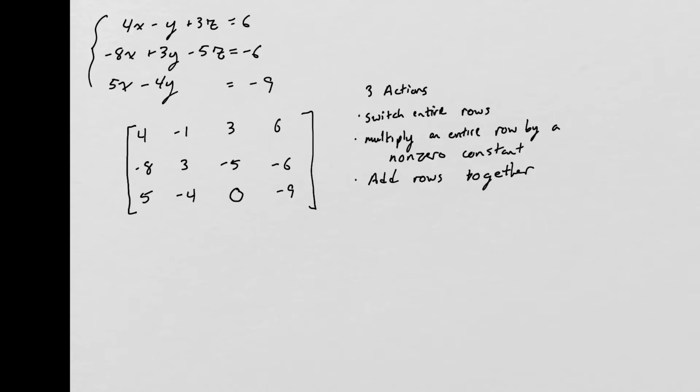So remembering, we're trying to get it into row echelon form. So row echelon form will look like this. We'll have 1, 1, 1, 0, 0, 0, and I'll put question marks for anything, anything, anything, anything, anything, anything. So we'll find out what those are, but we're not trying to control those.